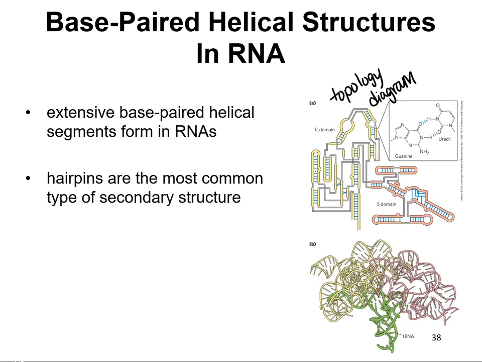You don't need to know anything about tRNA specifically, but there are specific domains within the tRNA molecule. There's a place where the amino acid binds, so there's chemistry there that allows for the attaching of that amino acid to the tRNA. Hairpins are really, really common. It's the most common type of secondary structure when we're talking about RNA.